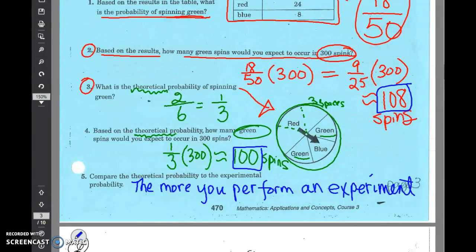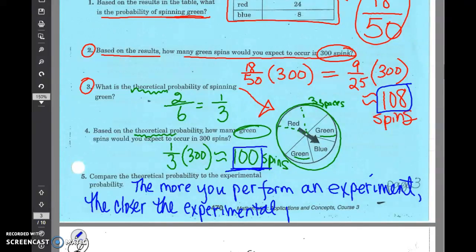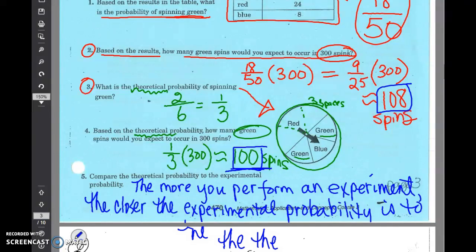So if we were to do this 200 times, 300 times, 400 times, 500 times, we will be getting closer and closer and closer to 100 times getting the green. So the more you perform an experiment, the closer the experimental probability gets to the theoretical probability. Whoops, sorry, the theoretical.